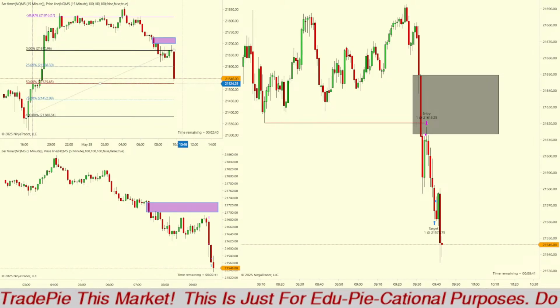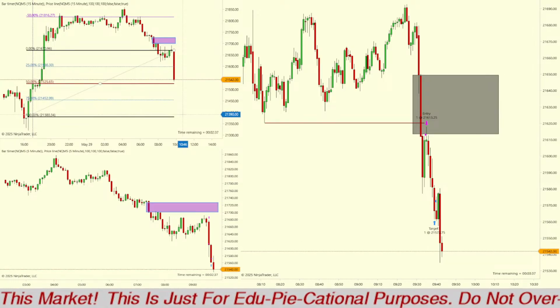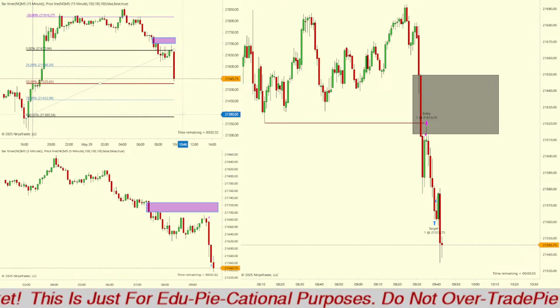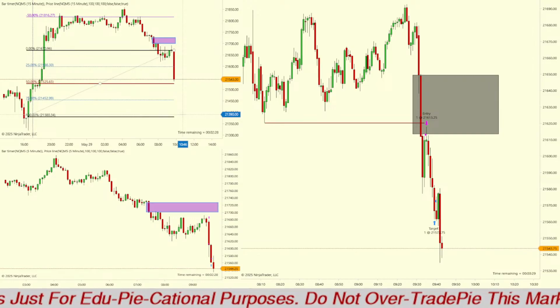So we just fell a little short of touching this level, the consequent encroachment of the open range gap, and now we start making some positions over here.